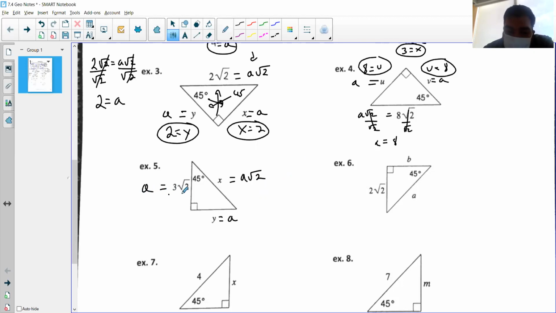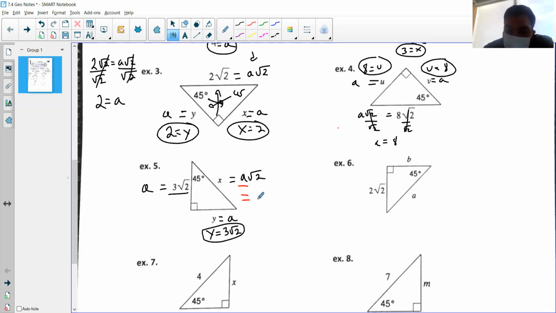Now, this whole thing equals A, 3 root 2, which means Y is also going to equal 3 root 2. That's easy. But here, remember, it's the A. It is the A that is equal to 3 root 2.